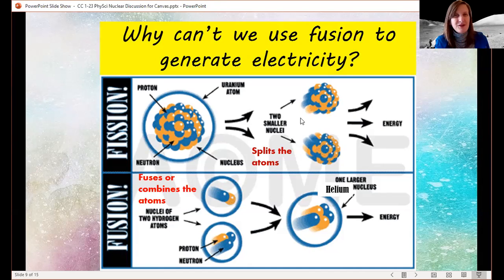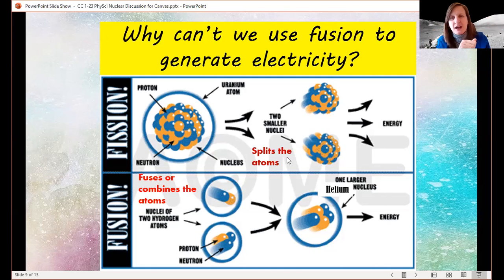So why can't we get fusion to generate electricity? Why can't we use it? And the reason we can't use fusion, and pause this if you need more time to think, fusion requires extremely high temperatures, extremely high pressures, and an extremely expensive magnetic field generator contraption machine to hold that fusion reaction.